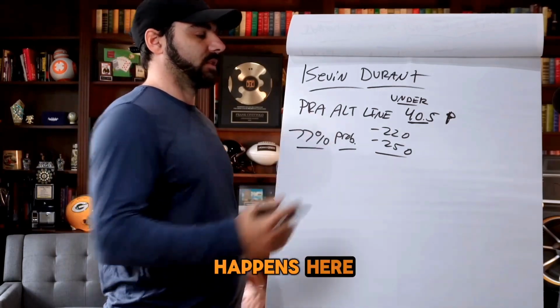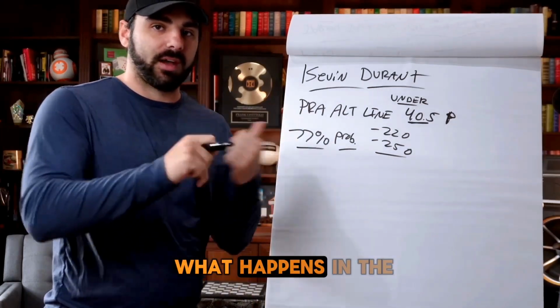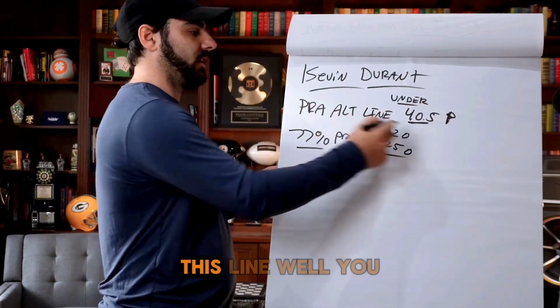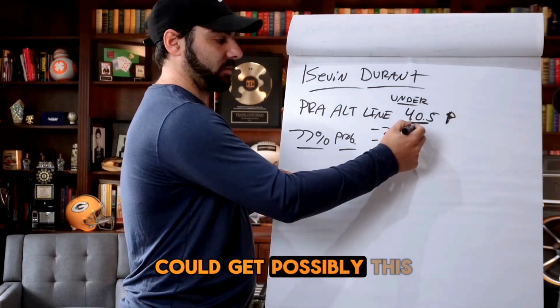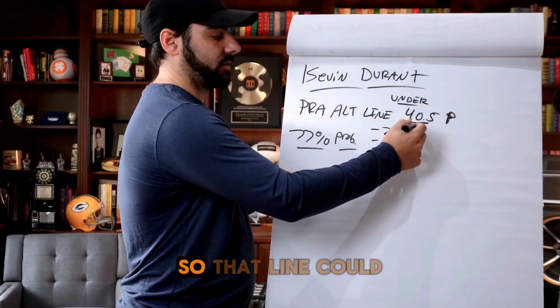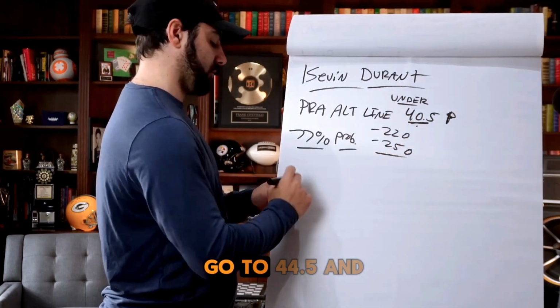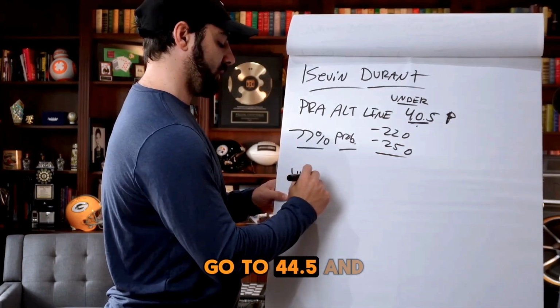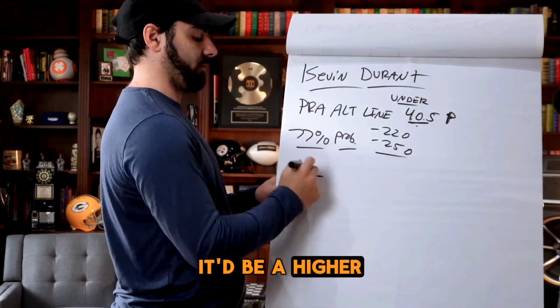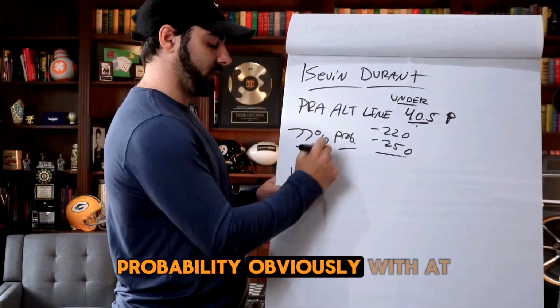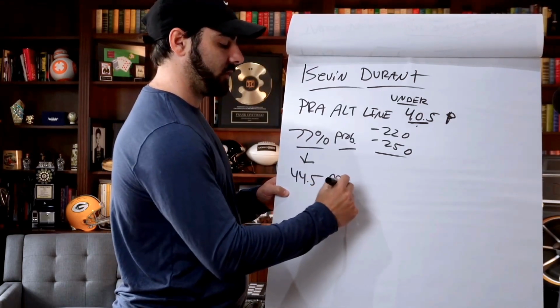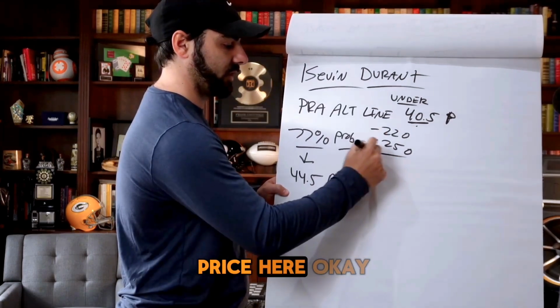So what happens here? The complete opposite of what happens in the other example. Okay, this line, well, you could get possibly this line even higher. So that line could go to 44.5, and guess what? It'd be a higher probability, obviously, at that number. But then you still be paying the same price here.